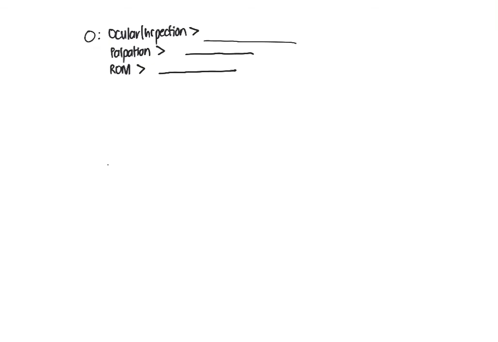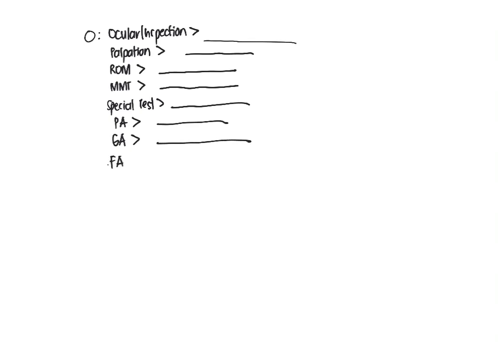Okay, so how will the entire O look like? So you have here O, okay, and then colon, and you have here ocular inspection, and then the greater than sign, and then you write your findings, followed by palpation, greater than sign, and then you write your findings, and then you have, for instance, ROM, greater than sign, findings, MMT, greater than sign, and then findings, special test, greater than sign, findings, postural analysis, greater than sign, findings, gait analysis, findings, functional analysis, findings.